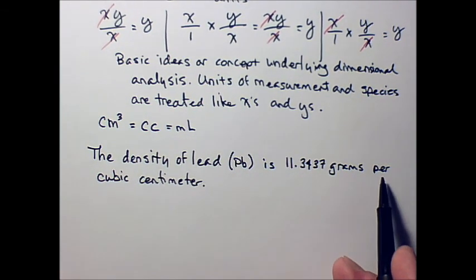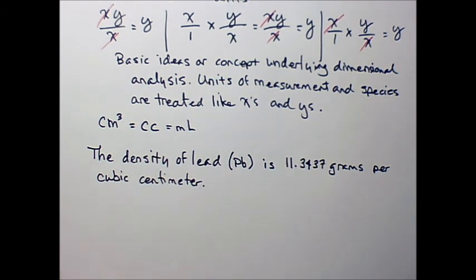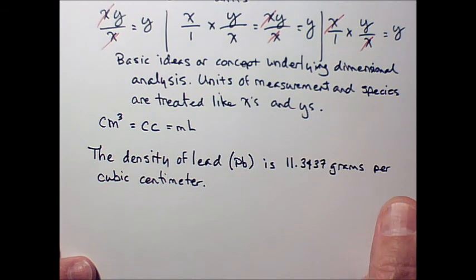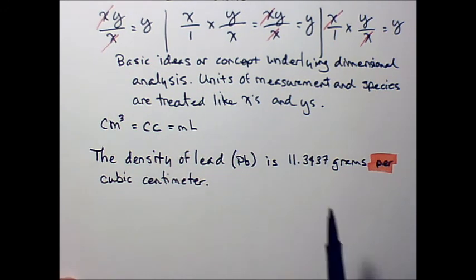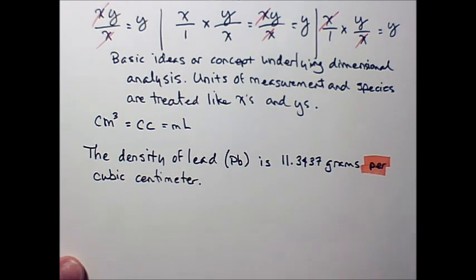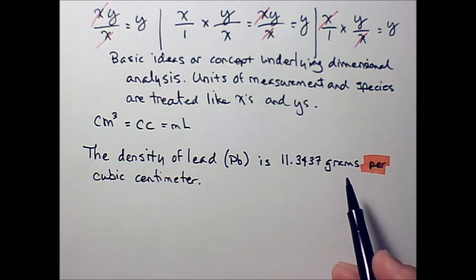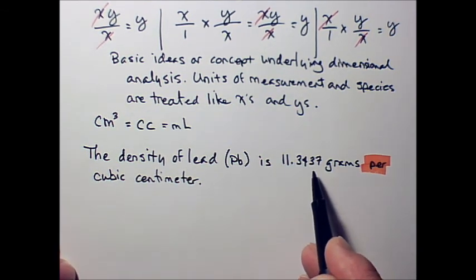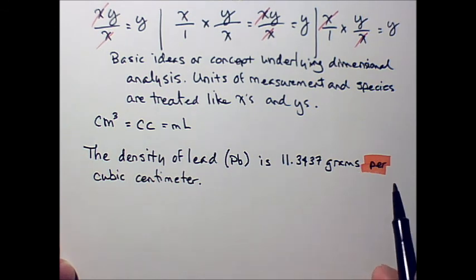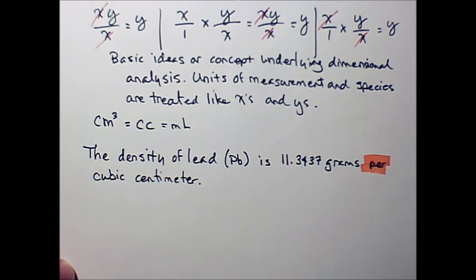That can be thought of as meaning they're equal. Just that word right there. I could also write this as 11.3437 grams of lead, or I could say it like this. There are 11.3437 grams of lead in a cubic centimeter of lead.